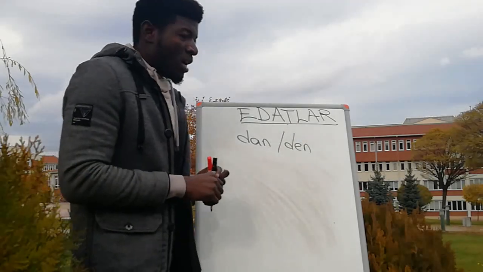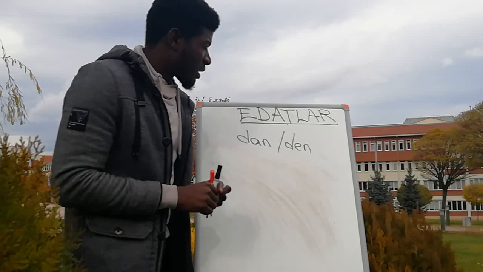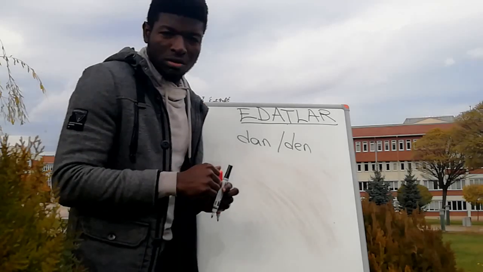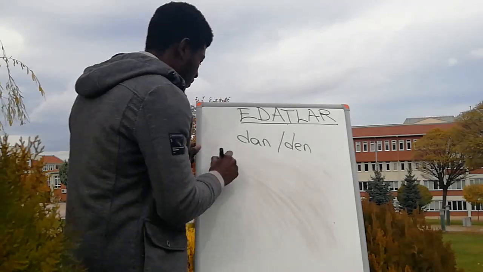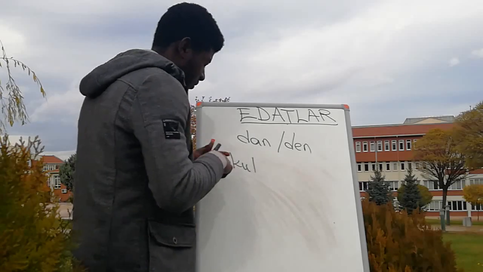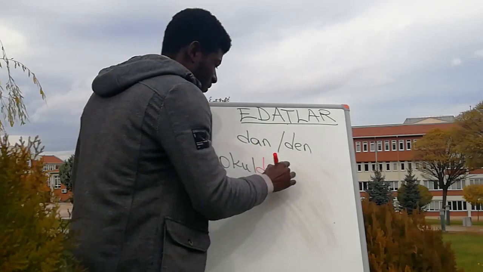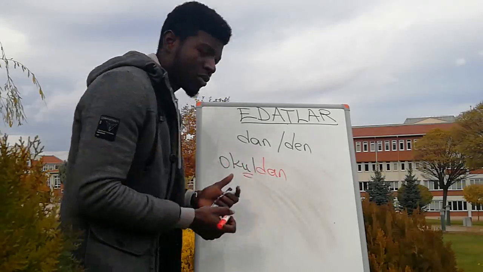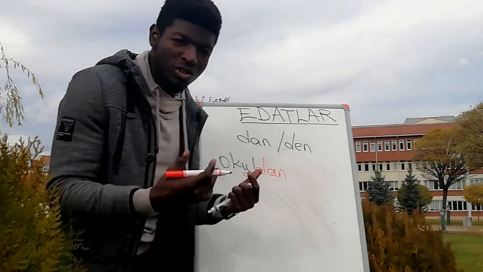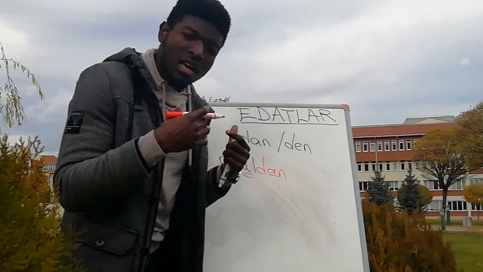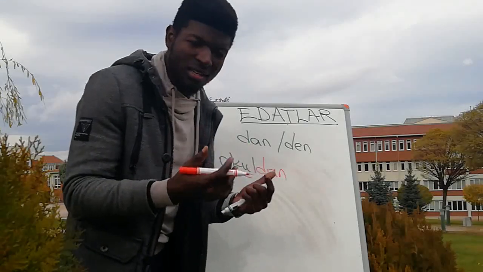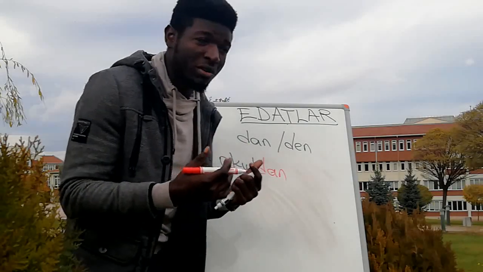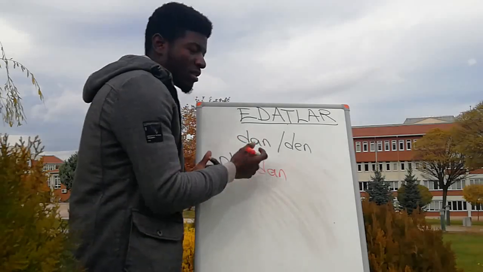So if I want to say I'm coming from school, it will be okuldan, right? Piece of cake. Why? We have u here, which is a hard, strong vowel, so we'll be using dan.